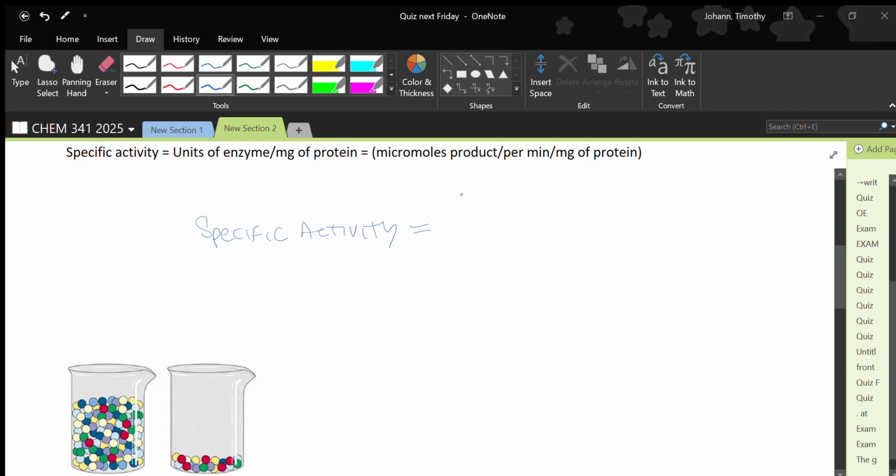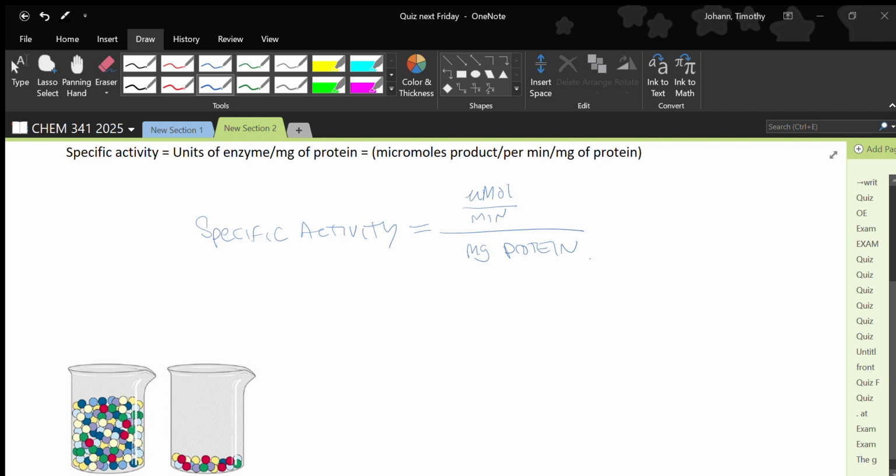So it's micromoles, not molar, micromoles per minute per milligram of protein. You could squash it down if you want, but I'm going to write it like that because a unit is a micromole per minute. I want to divide these two up.